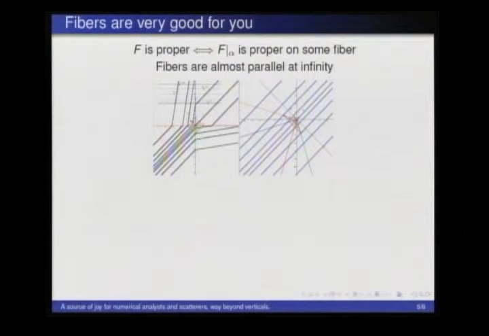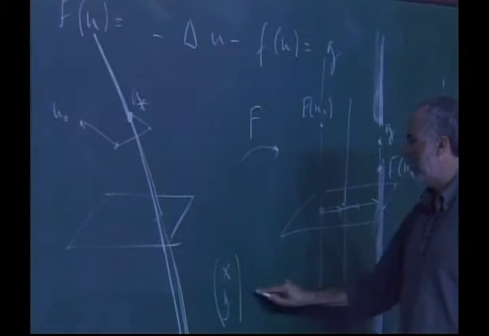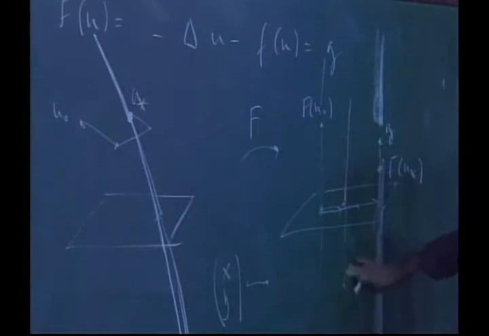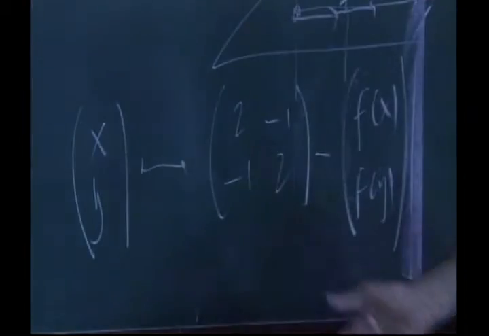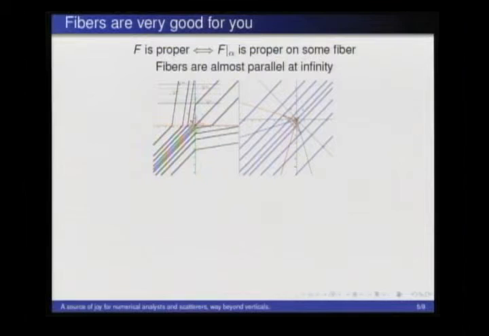This is a very poor man's version of this map here. What we're looking at in this picture is a function which takes x and y to this map here. This is a discretization of a second-order operator, and the fibers will play the role of those lines over there.